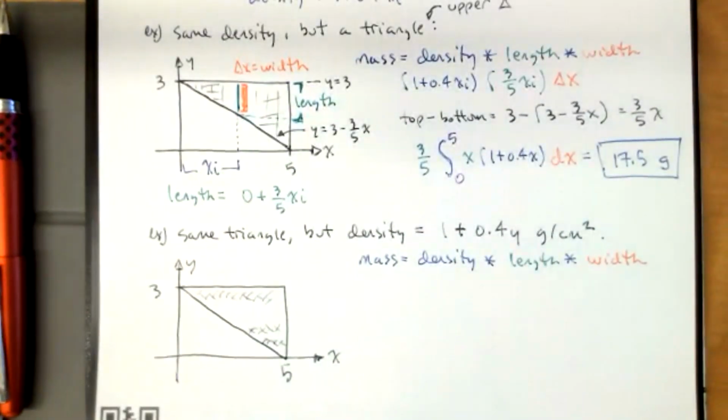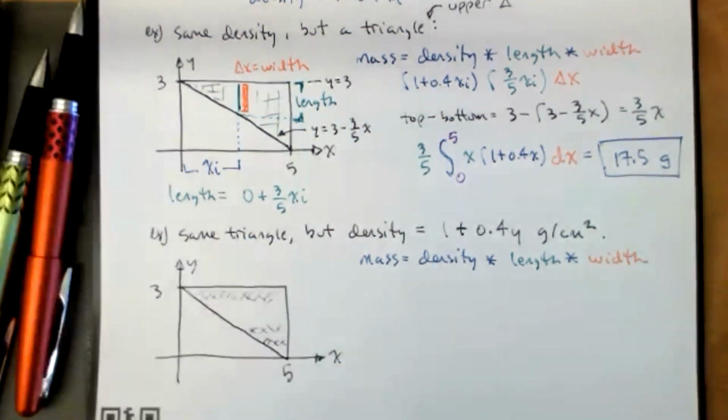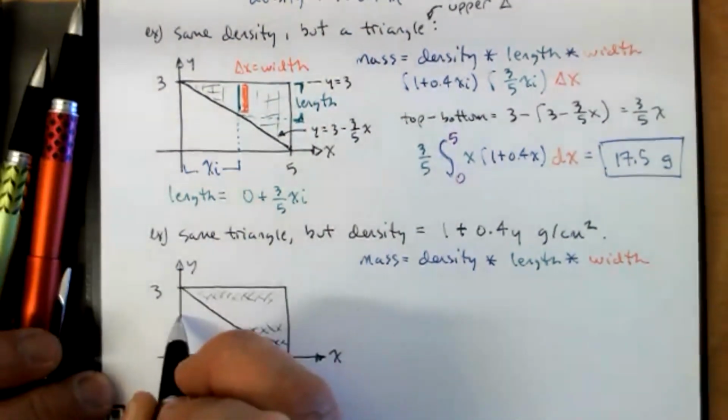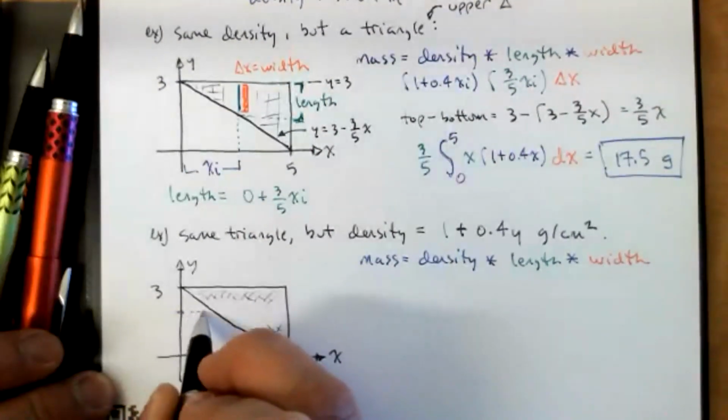But in this case, the density is not changing side to side. The density is changing up and down. The density changes with y, the distance from the x-axis. So now my density is going to be calculated here.